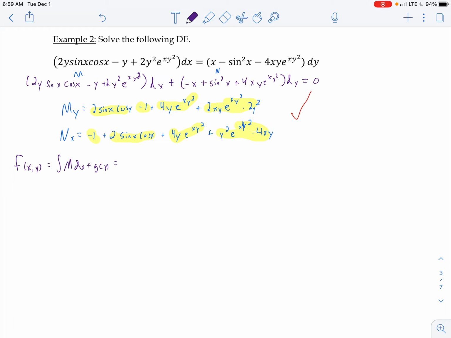And so we have our M. Now I guess I'll write it out. So I have (2y sine x cosine x minus y plus 2y squared e to the xy squared) dx plus g(y).